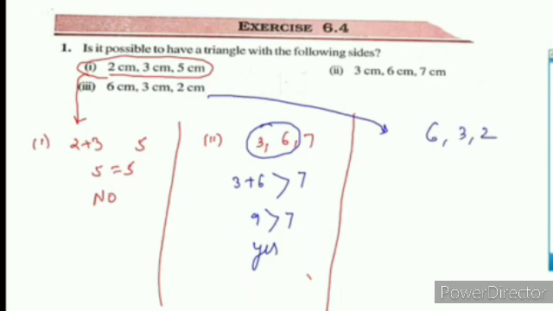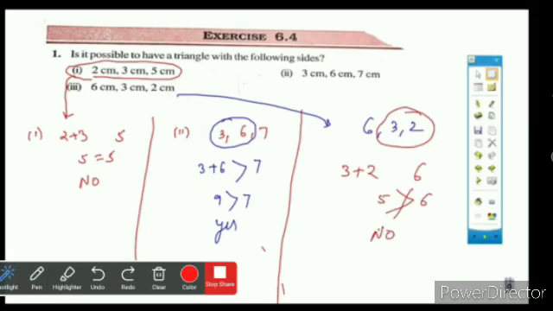It satisfies that property. Similarly, we will check the third set of measures, that is 6 centimeter, 3 centimeter and 2 centimeter. While adding the measures, you should add the smaller sides' measures. Then only you can compare with the greater side measure. See, look at this example: 3 plus 6. These two measures are smaller than 7 centimeters, so you should add these two.